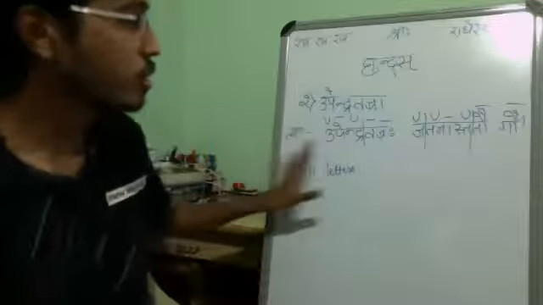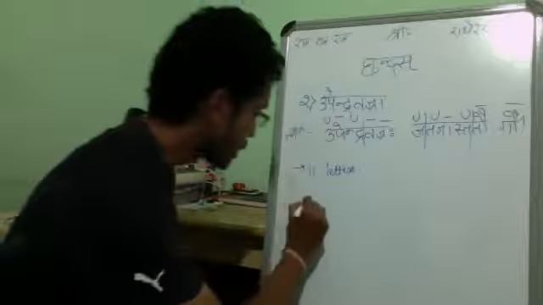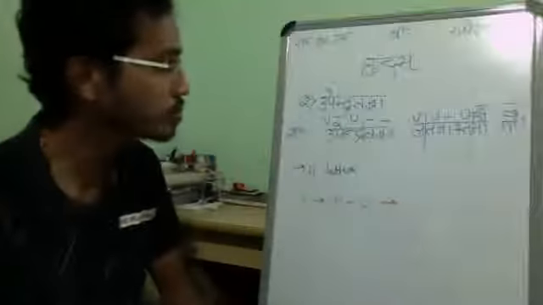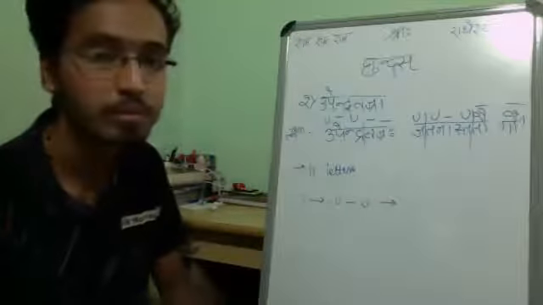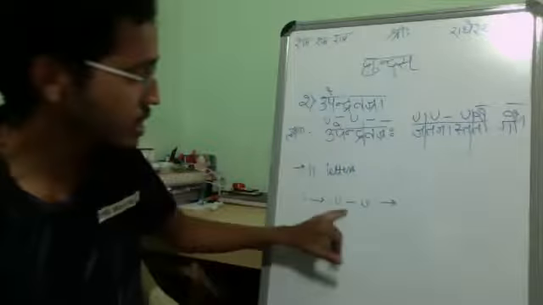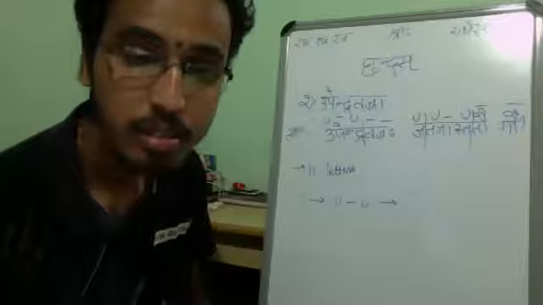So now, since you have already written this down, let us see which Gana it is. So the first Gana is Laghu, Guru, Laghu. Which is this? Jagana. Very good.